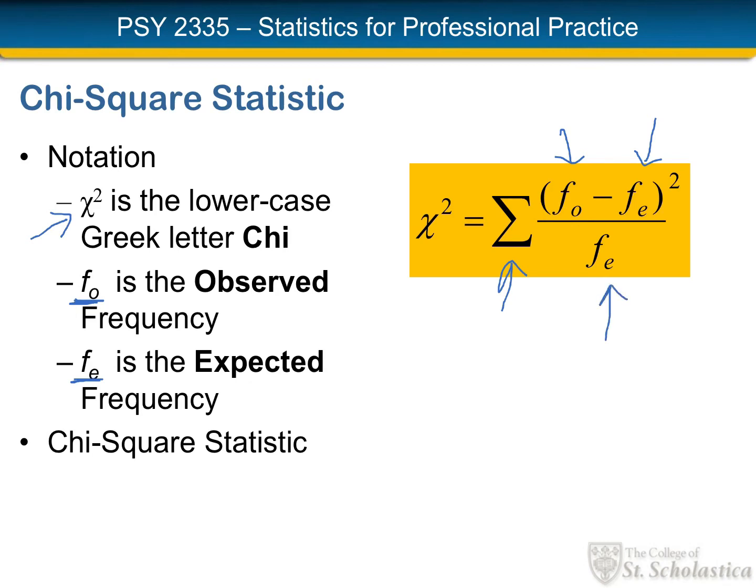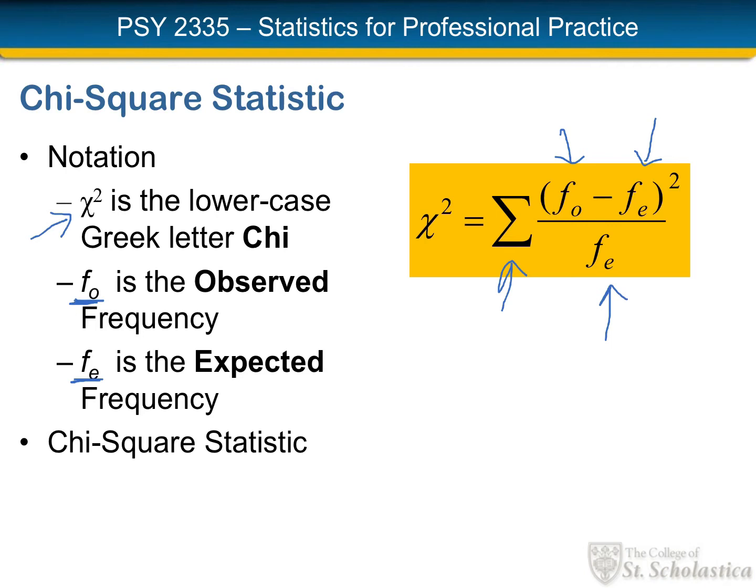So the end result is that if my observed and expected were very close, I'd have something almost zero on the top over this expected value, and I add those values up for the total number of cells that I have, the number of categories.